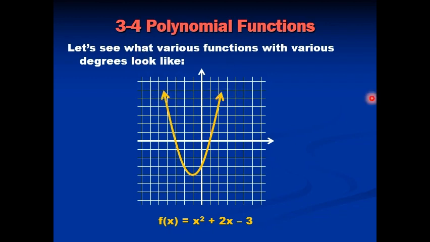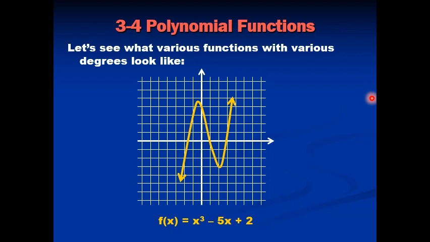All right, let's go to degree 3. So notice with the degree 3, we have another change in direction. We have the potential here of having two solutions if we were looking for where this thing crosses the x-axis. If we set this function equal to 0, we would have a cubic equation that we would solve, and we have potential for three real solutions.